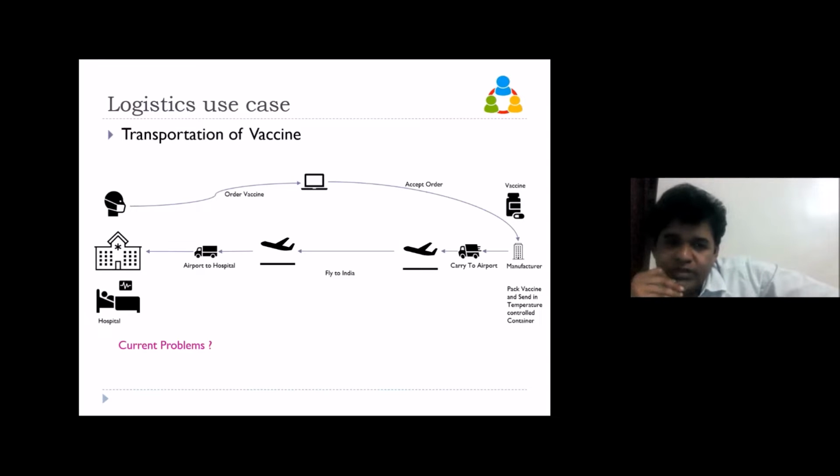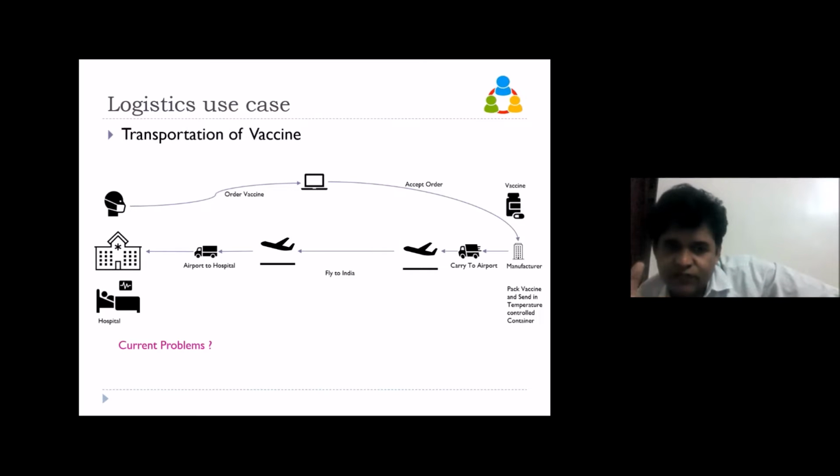See, there could be many. I mean, first is if there is a gap in the communication about the order and the order placed, that is one. Second is while transportation, if it is not done in a proper way, if all those things are not maintained.